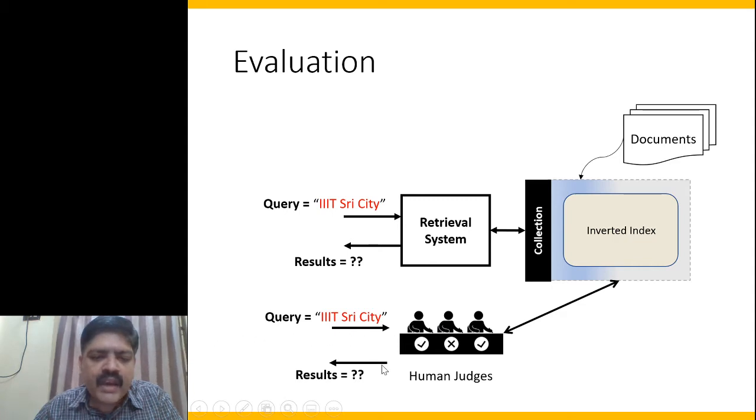So let's say we have some results obtained from the human judges which are manually derived. So now we have some basis, or what we call a ground truth, to compare the results of our retrieval system against. So we could compare these two results and quantify the goodness of the retrieval system, and that is our goal for today.